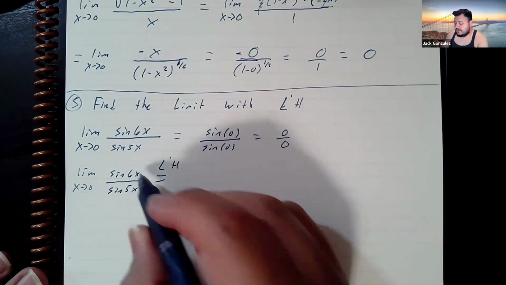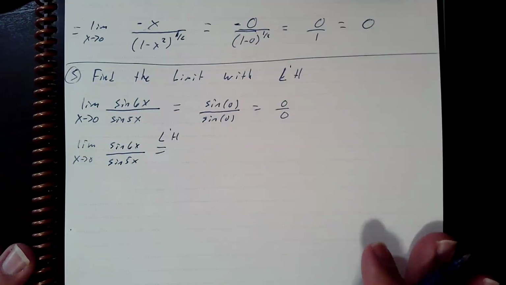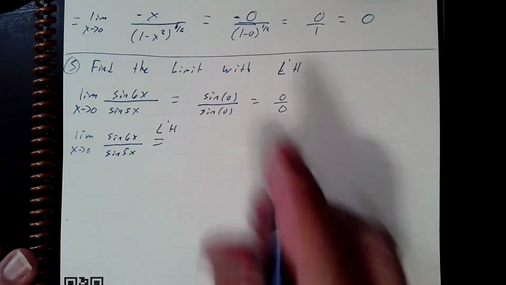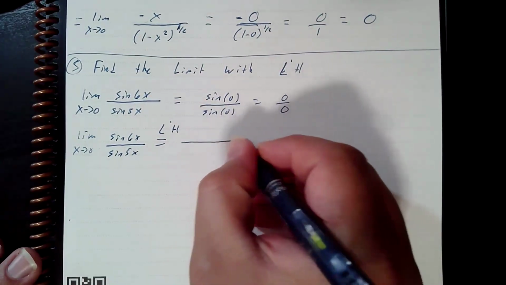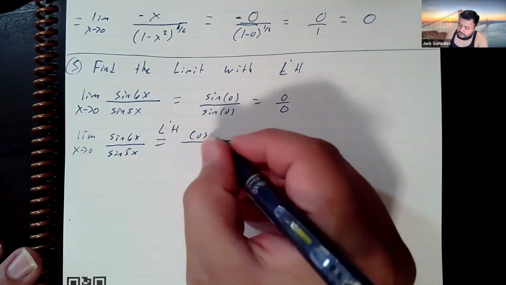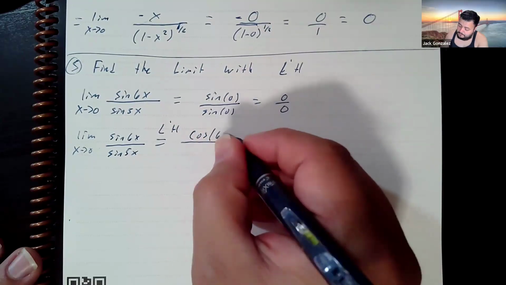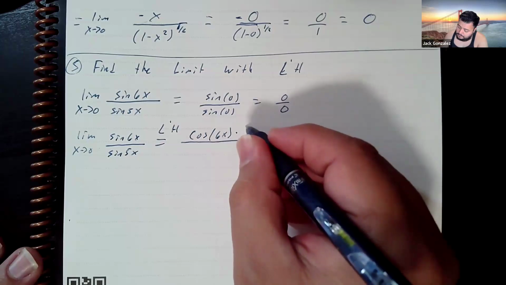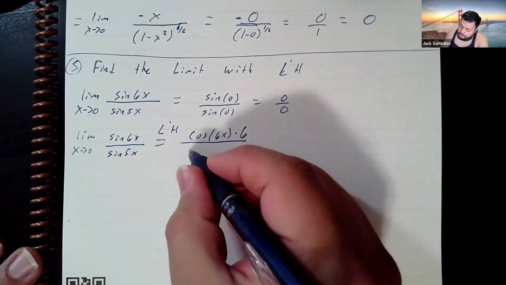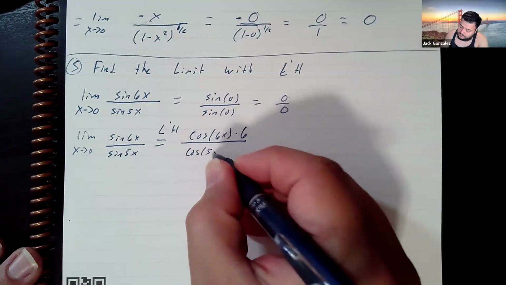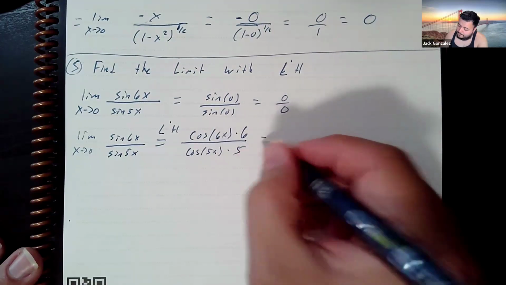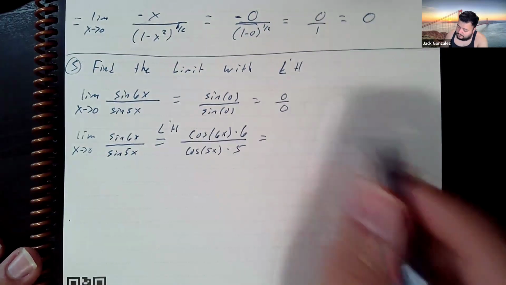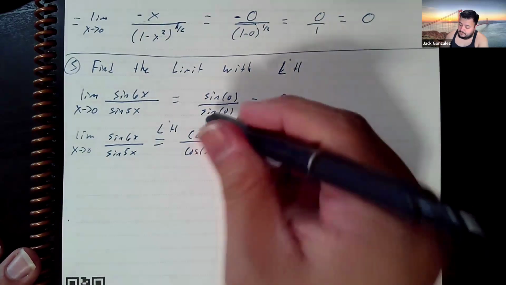What is derivative of sine 6x? Cosine 6x. And then times the chain rule, right? Cosine 5x times the 5. Forgot the limit again. Dang it.